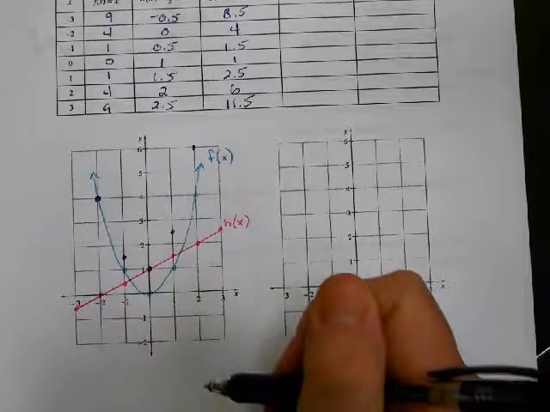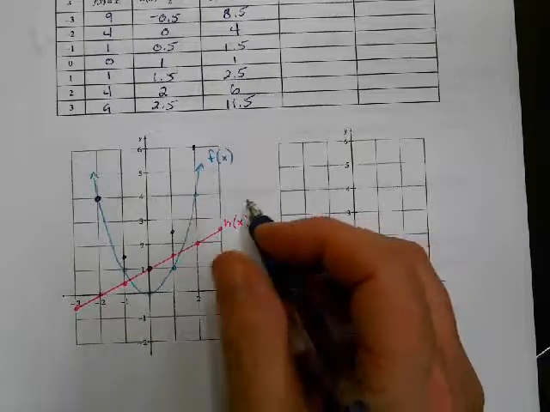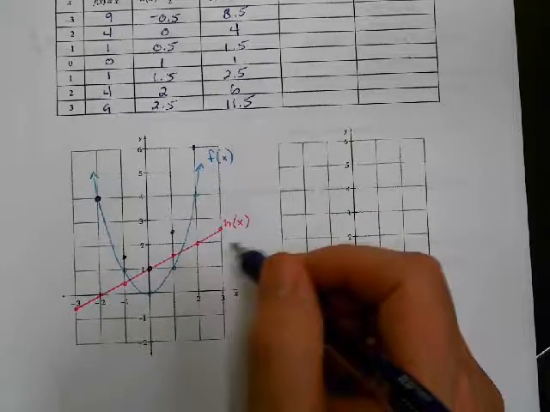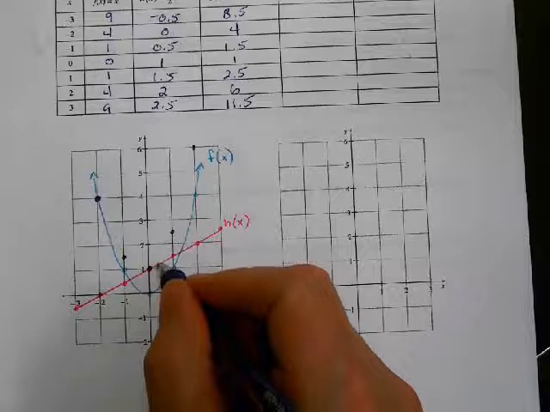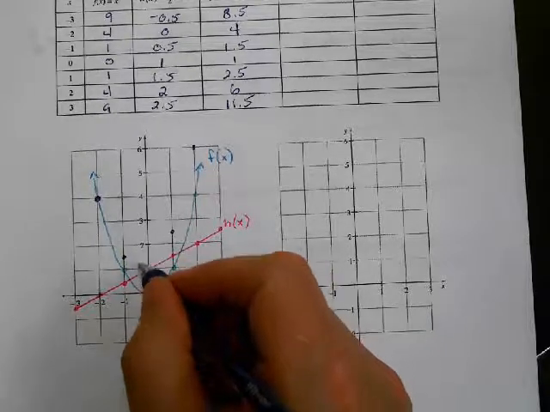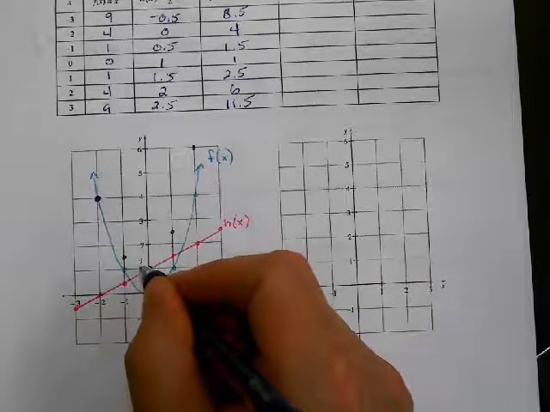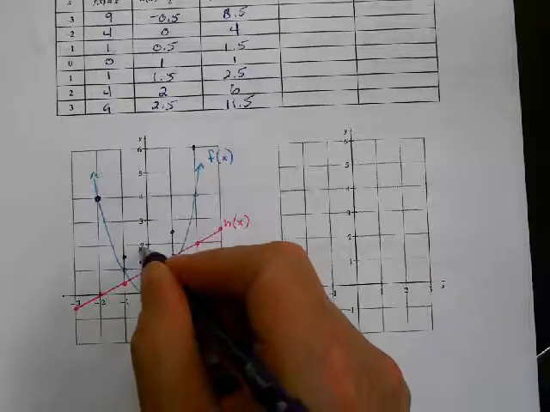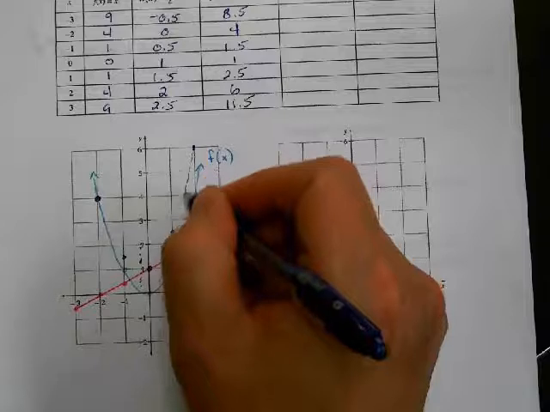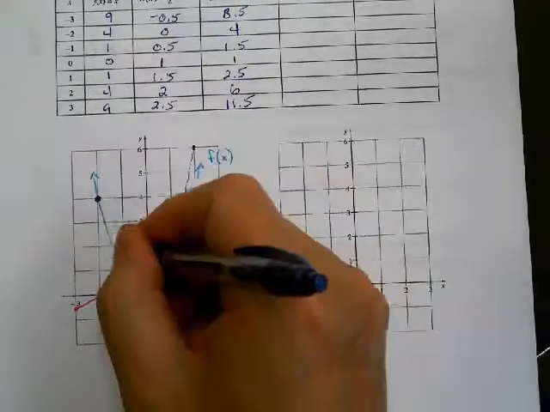Now this is making a parabola. It's just that the, what's it called? Why can't I think of words today? It's just that the vertex, that's the word I was looking for, the vertex is somewhere over here. So this one's going to kind of come down like this, turn around, and go back over to there.